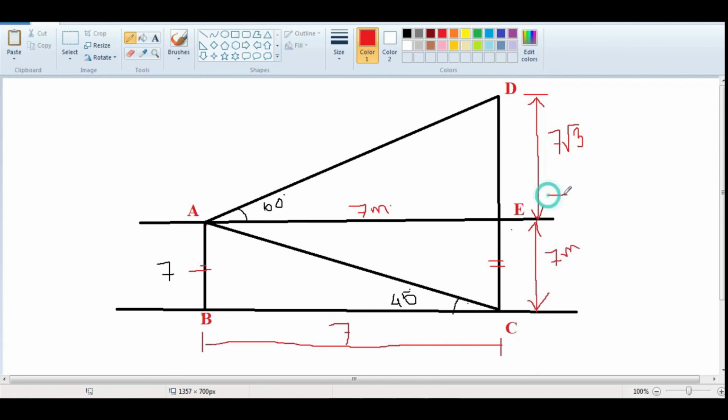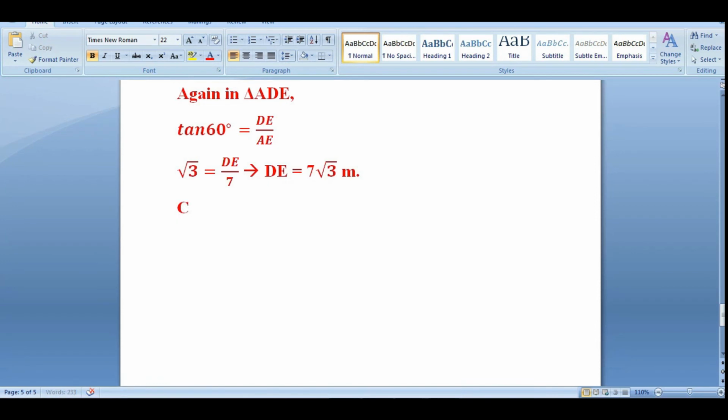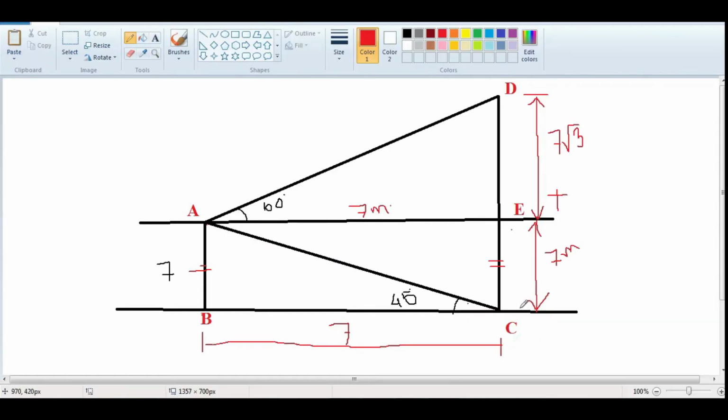So we just need to add these two lengths so that we can find out the entire tower's length. So tower's length is how much? It's DC. It's broken into two parts, DE and CE.